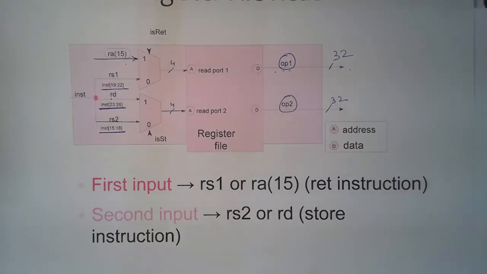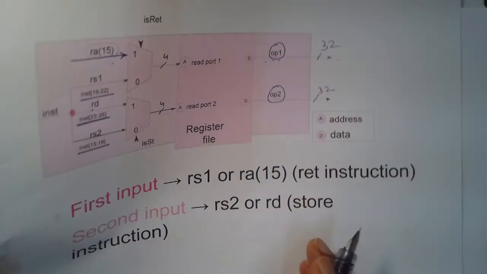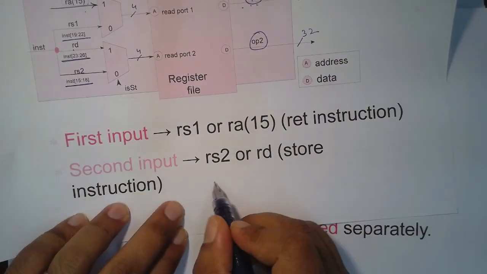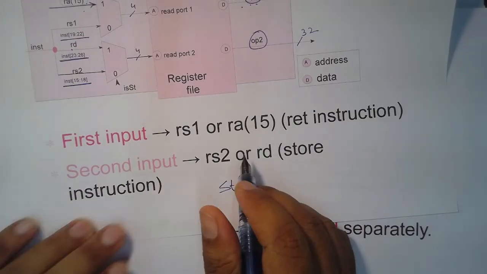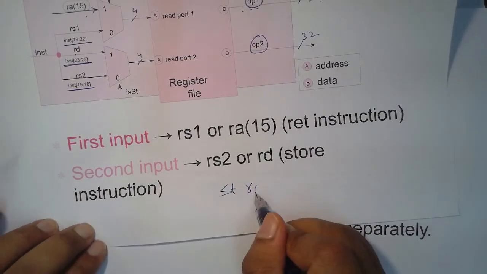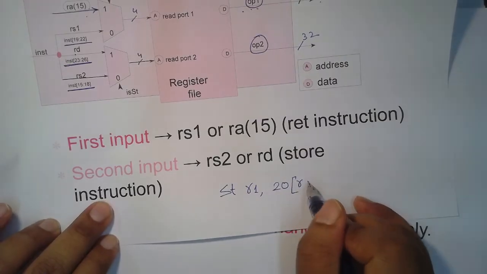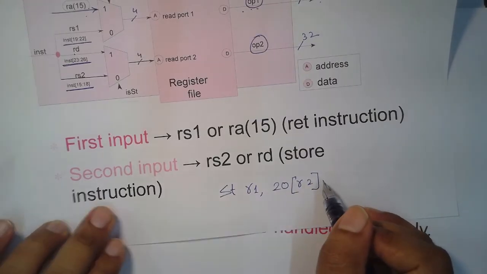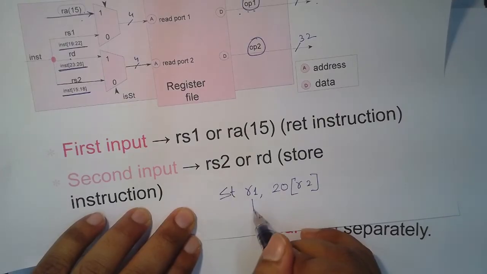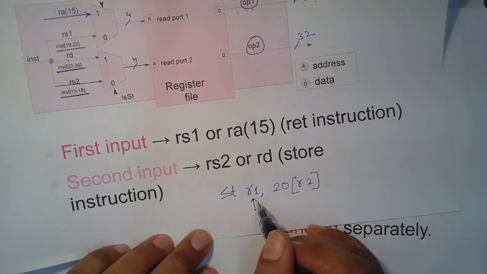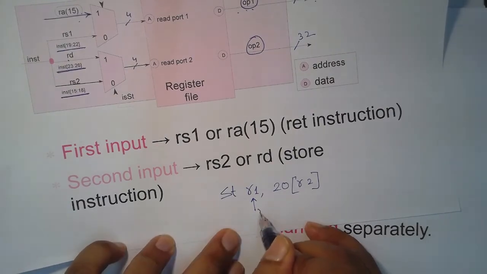But because of the way the store instruction is, for example, if you remember, let us say we have a store of the content of R1 into this location, all right. The formatting of the store instruction is such that R1 will be stored in our RD location.